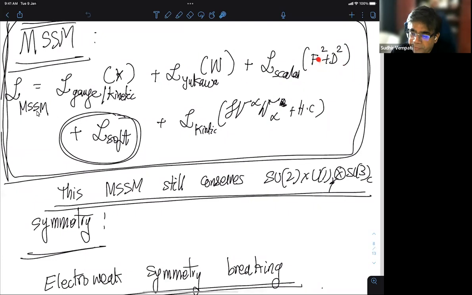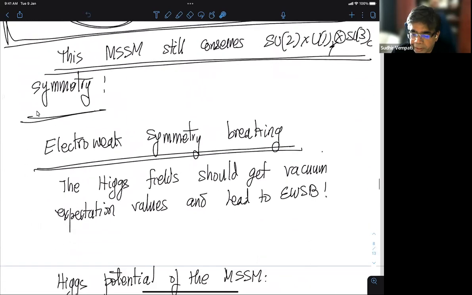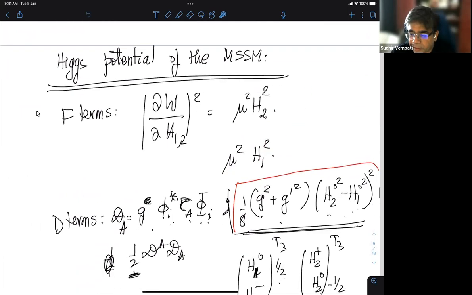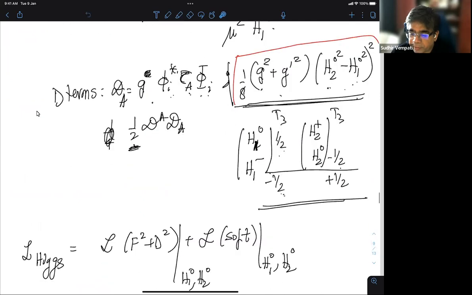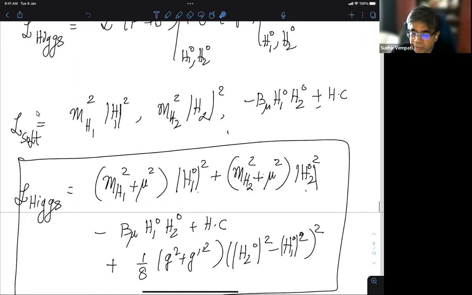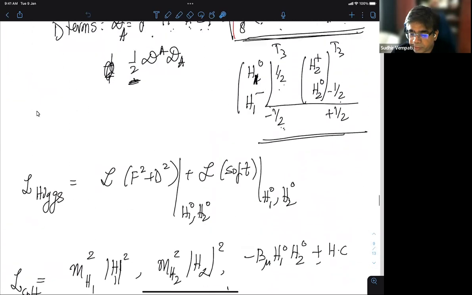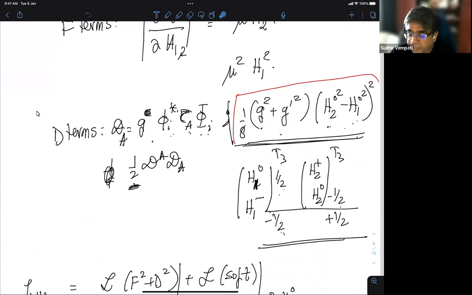But actually, what is F? Each F is a combination of some visible sector fields, as we have seen. So, for example, in this case, the F terms are essentially mu squared H2 squared, mu squared H1 squared. Now you want one of the H1s or H2s, the scalar components of the H's, to get a vacuum expectation value. The F term is still zero.